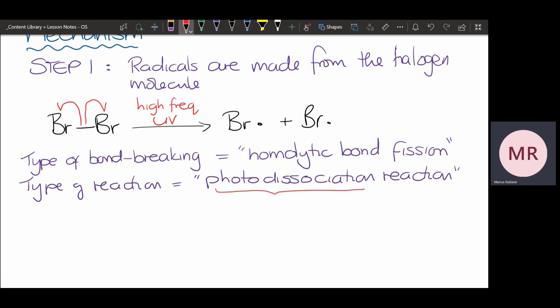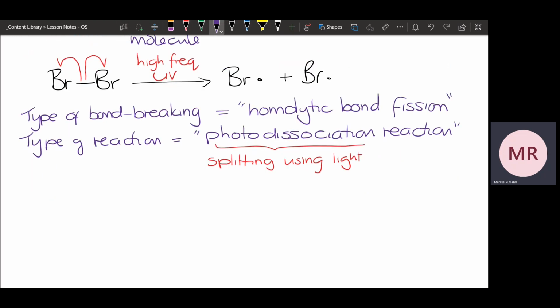This is splitting using light. So just look at the reaction. That's exactly what's going on, right? You're using UV light to cause two atoms that were associated with each other in a covalent molecule to dissociate, to split up from each other.